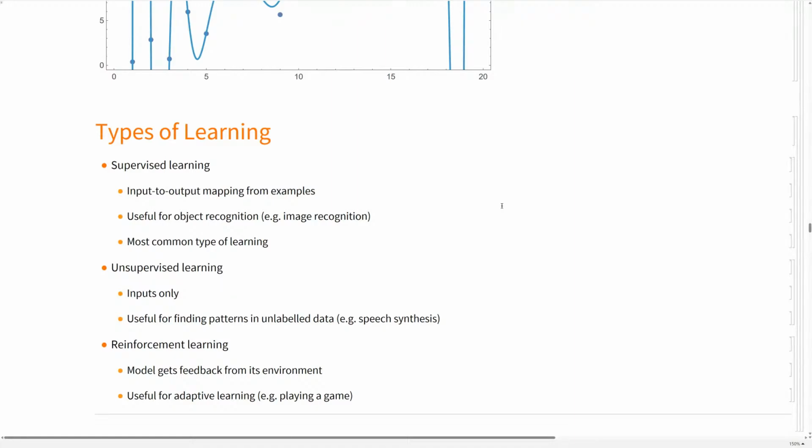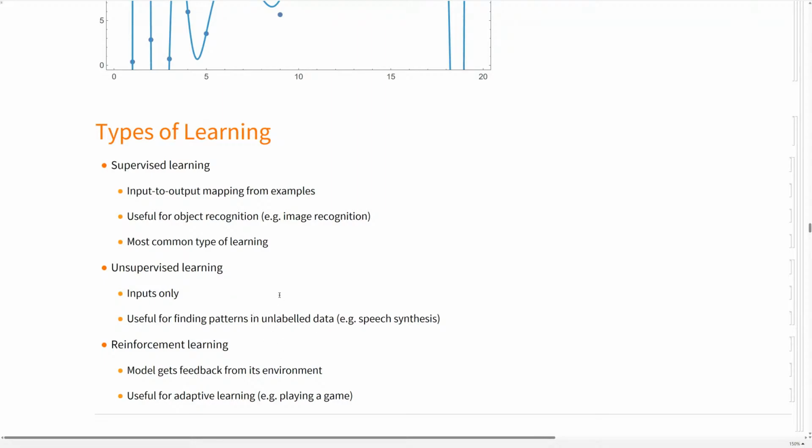The machine at this point wouldn't even understand what's a cat and what's a dog. It would just say, oh, these pictures look about the same, so they're one category, and those pictures look about the same, that's the second category.